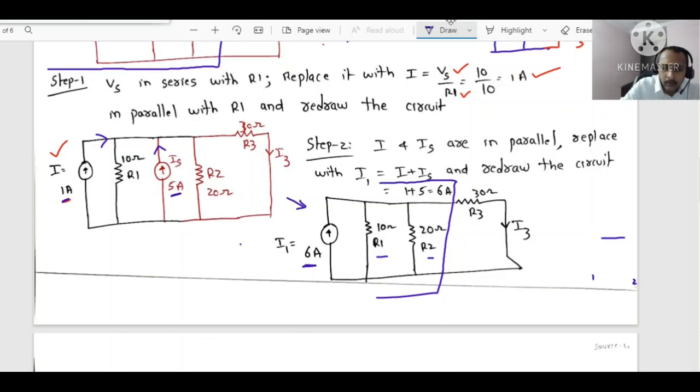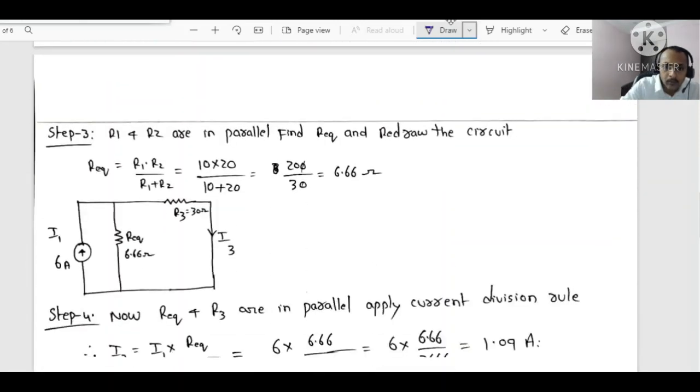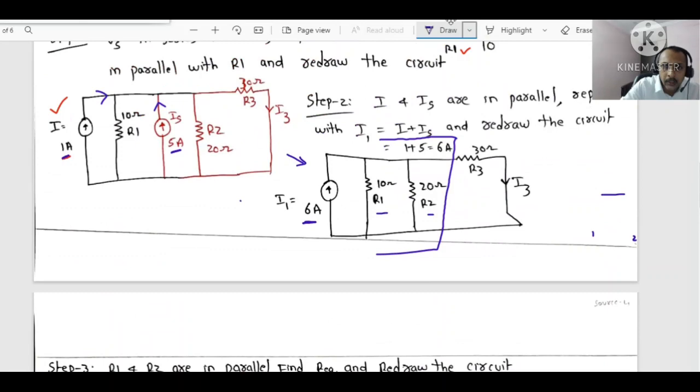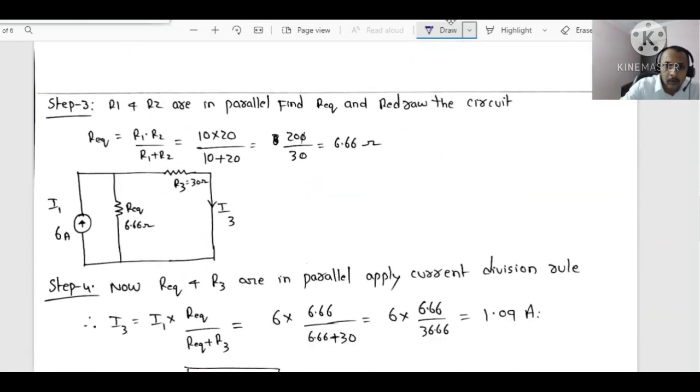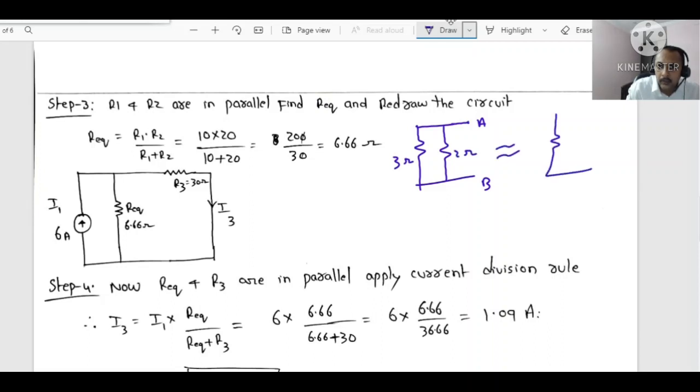Observe, R1 and R2 are in what? Parallel. Which two resistors are in parallel? 10 and 20. From the basics we know, if two resistors are connected in parallel, for example R1 and R2 across A and B, say 3 ohms and 2 ohms, what is the equivalent single resistor?